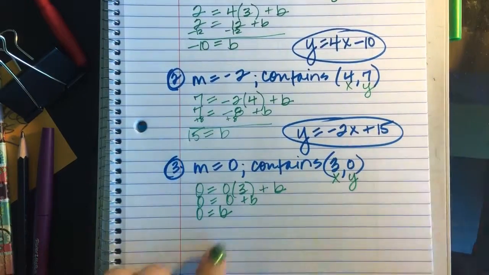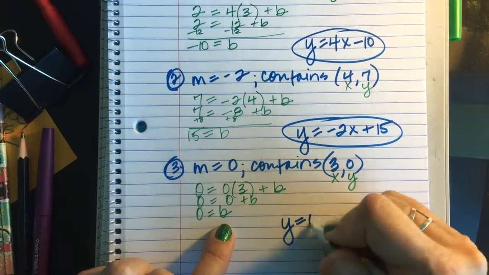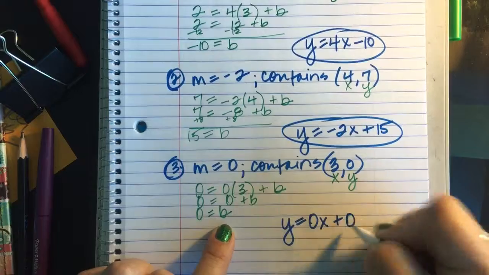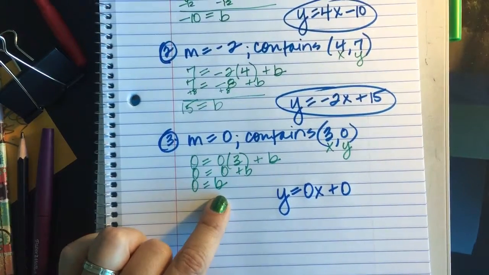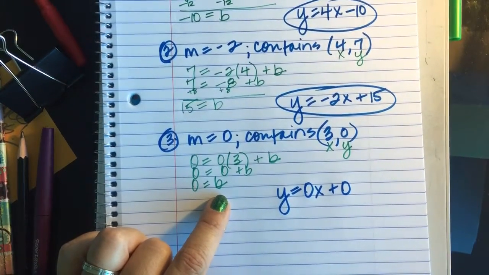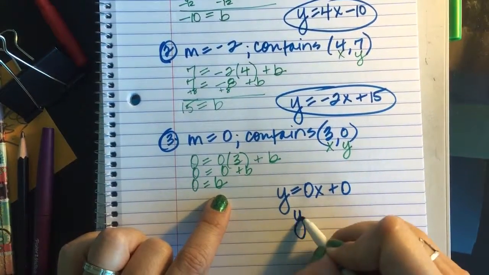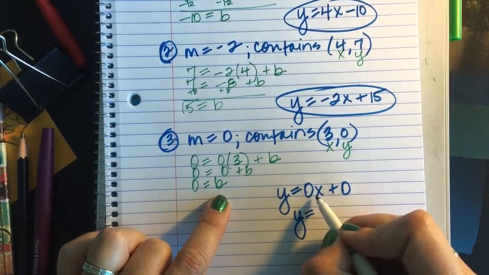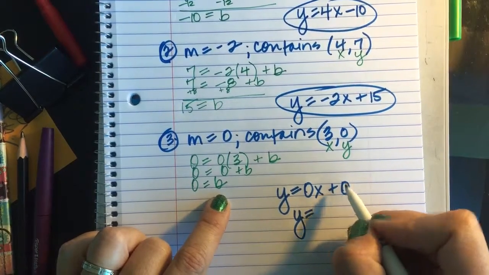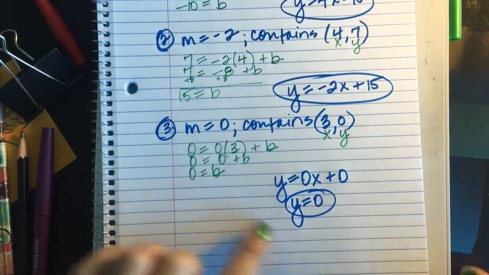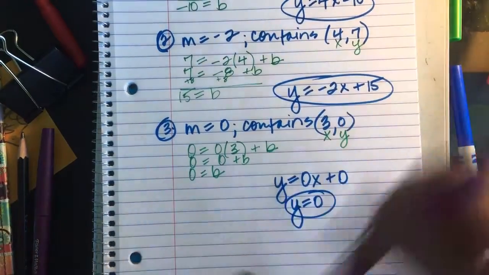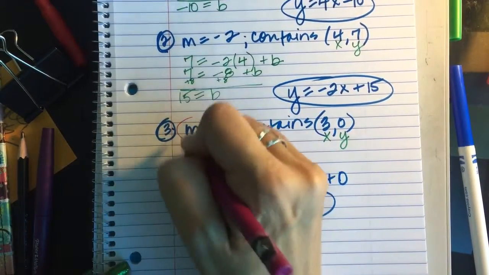So to finish this one up, y equals mx plus b. That's kind of interesting. What's the equation of this line? What's 0 times x? What's 0 plus 0? So when I knew that this was a horizontal line, a couple things here.